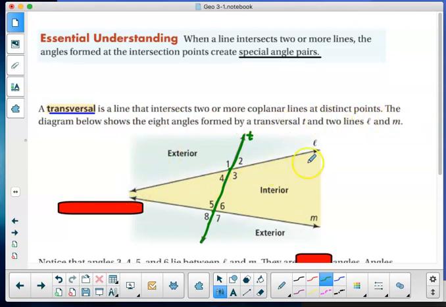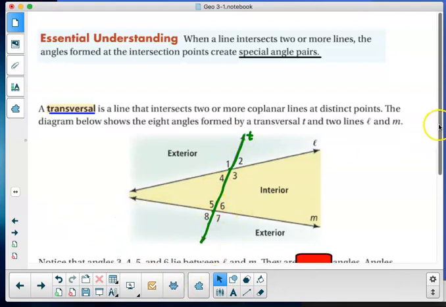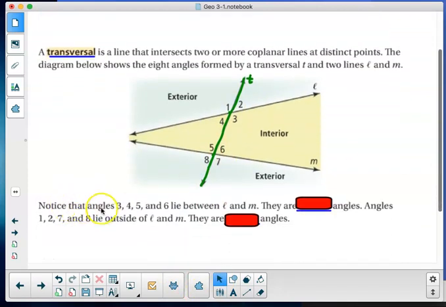Well, this is line L and this is line M, and these are my 8 angles that are formed where they cross. Now, notice that angles 3, 4, 5, and 6 lie between L and M, and that's the interior. So they are interior angles.